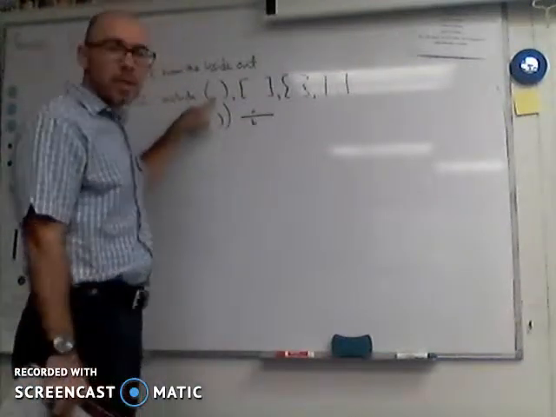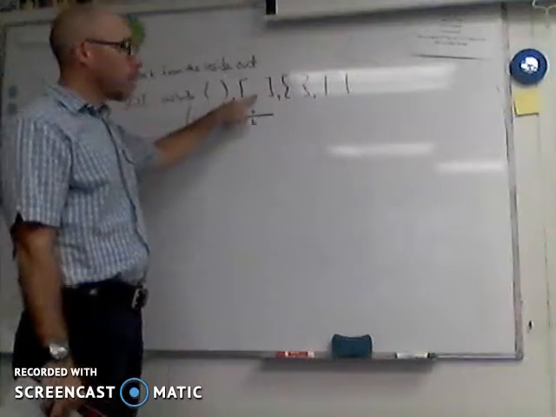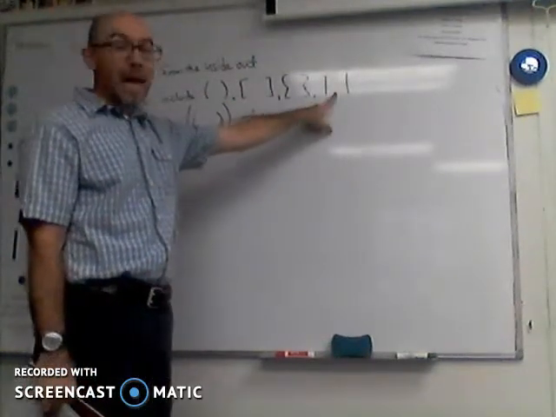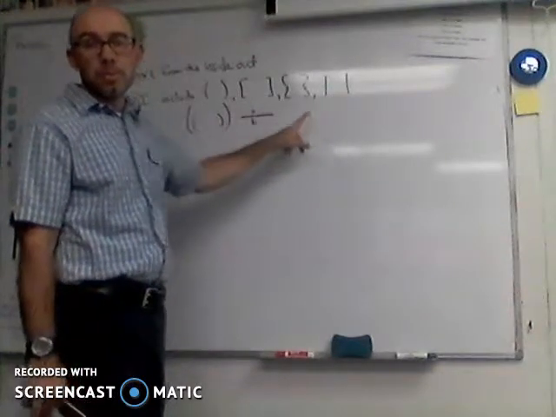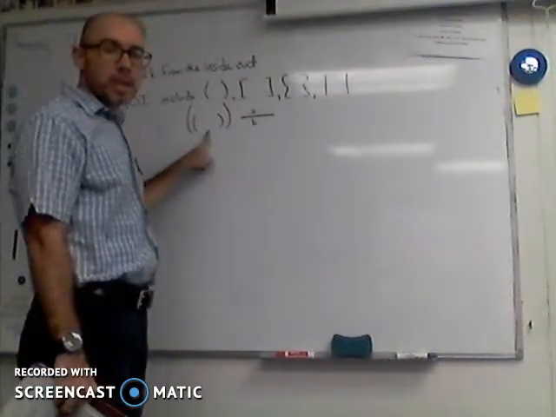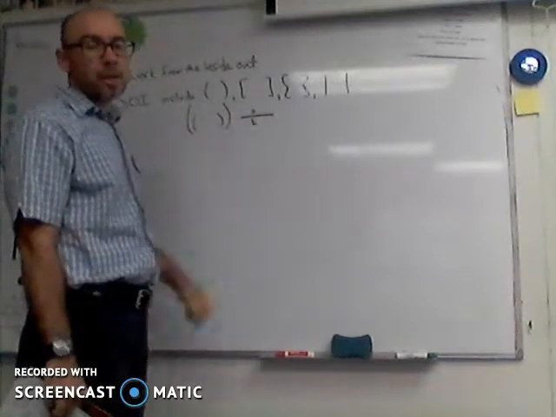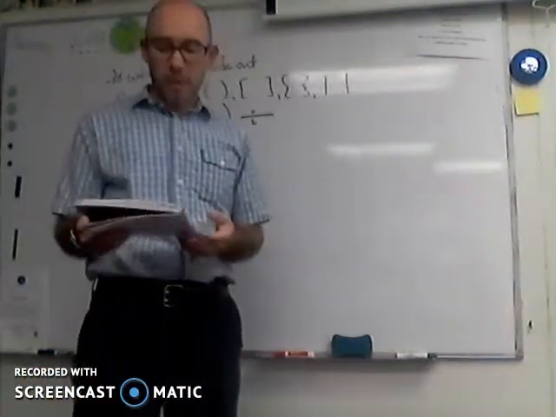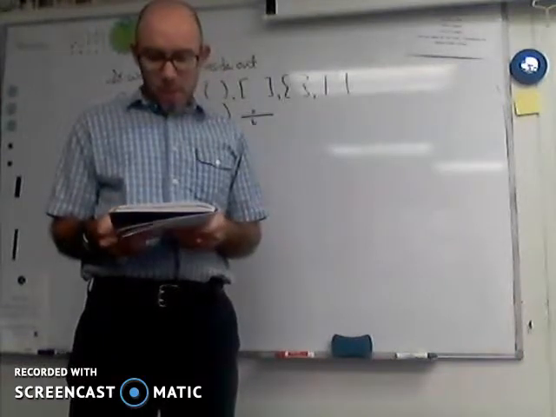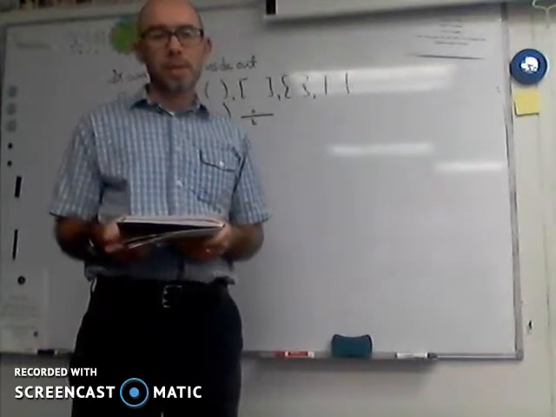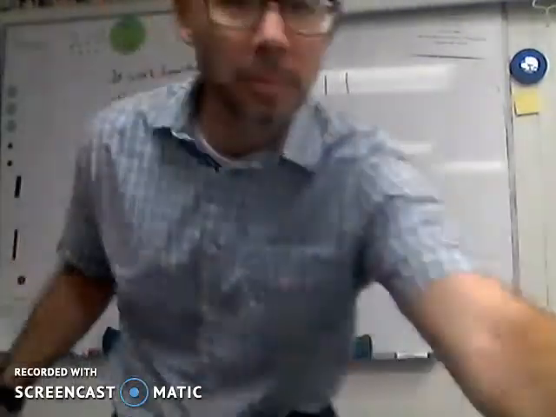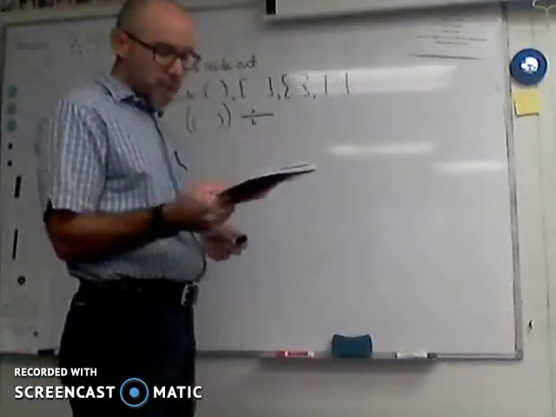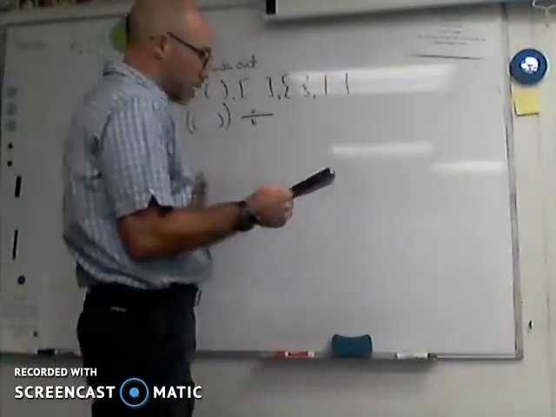So again, we have parentheses, brackets, braces, absolute value, double parentheses, fraction bar. They're going to use various combinations of those things, and we might want to know which things we ought to do first. The best way to do this is just to start with an example.